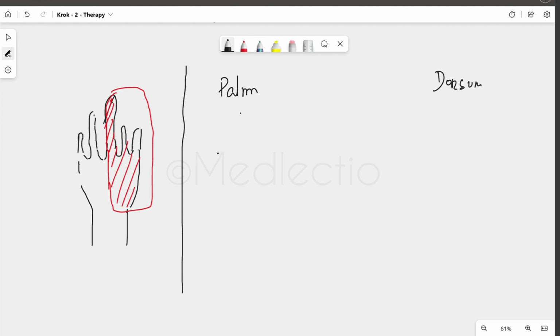So in the palm position, we have our hand again. Here the little finger, here our thumb. This is the palm side and this is the dorsal side.